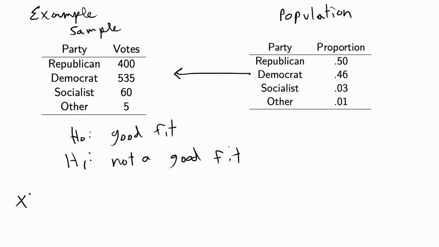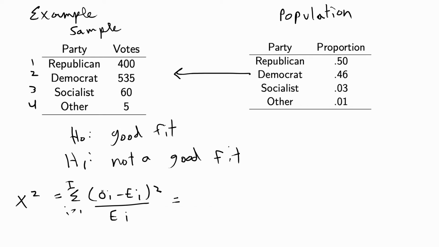The first thing we have to calculate is the chi-squared test statistic. For each factor level, we have 4 factor levels here, we have to calculate (O_i minus E_i) squared divided by E_i. For the observed frequencies, we're given O1, O2, O3, O4 from the sample data, so we know all our observed frequencies.